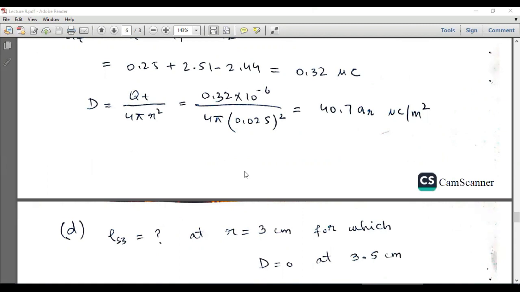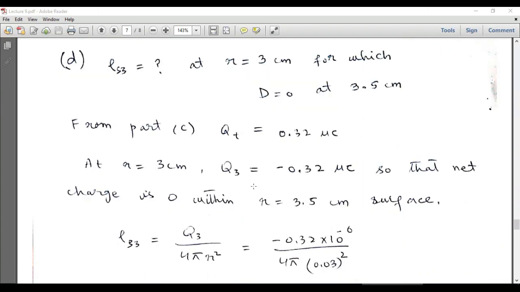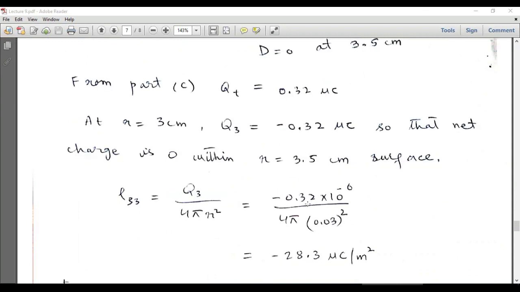And in order to get electric flux equal to zero, net charge must be equal to zero. So in order to make net charge equal to zero, we have to use Q3 equal to minus 0.32 microcoulomb so that it cancels out this total charge. So net charge is equal to zero, and at R equal to 3 centimeters, this should be the total charge.